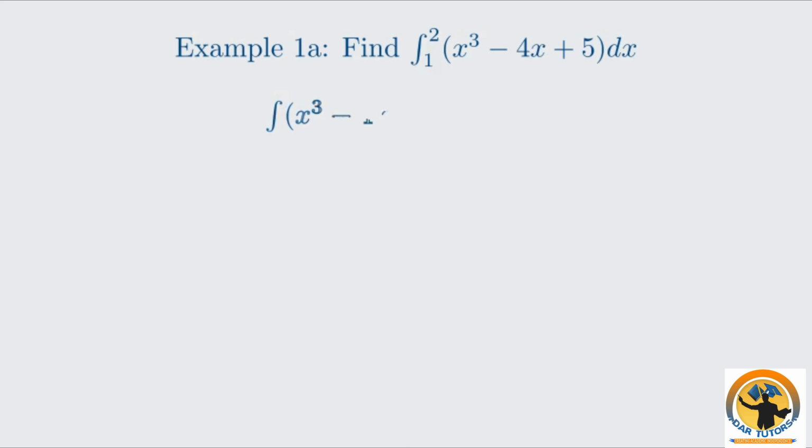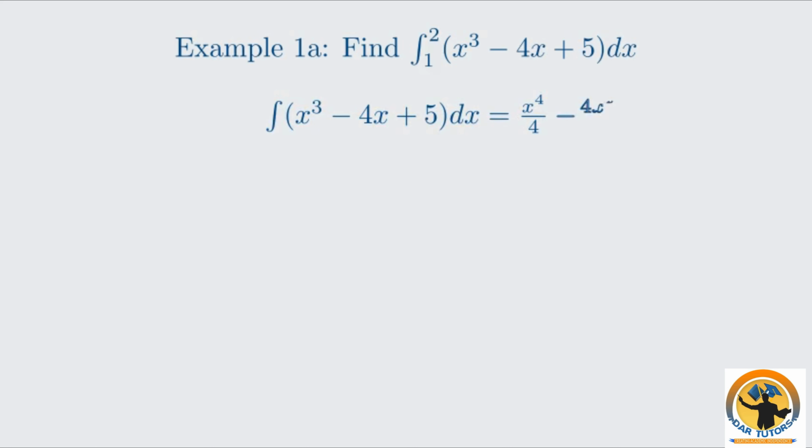Let's apply these concepts to some examples. Our goal here is to practice the process of finding an antiderivative and evaluating it at the limits. First, let's find the definite integral from 1 to 2 of the polynomial x cubed minus 4x plus 5. Step 1 is to find the antiderivative of the function inside the integral. Using the power rule for integration, the antiderivative of x cubed is x to the 4th over 4.